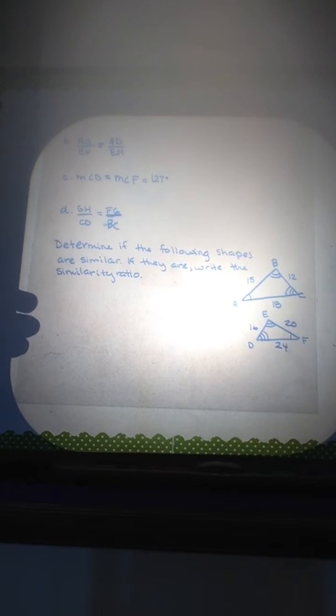So for the first one, we have two triangles. The top one is 15, 12, and 18. The bottom one is 16, 20, and 24. So we're going to set up some ratios using corresponding pieces and then see if they are going to have the same ratio. So I'm going to use my angles to help me.